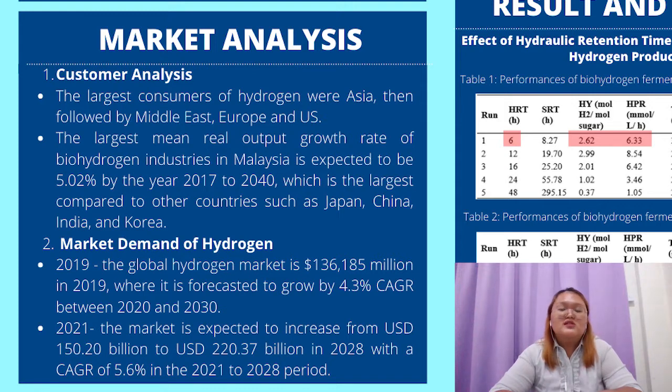This caused the global hydrogen market to decrease by 2.4% in 2020 compared to the mean annual growth of 2017 to 2019. Thus, the market is expected to increase from $150.20 billion in 2021 to $220.37 billion in 2028 with a CAGR of 5.6%.